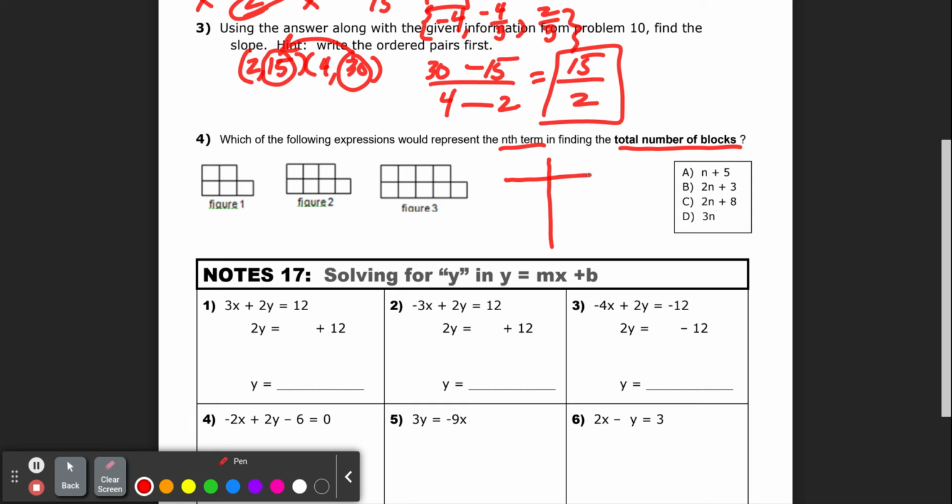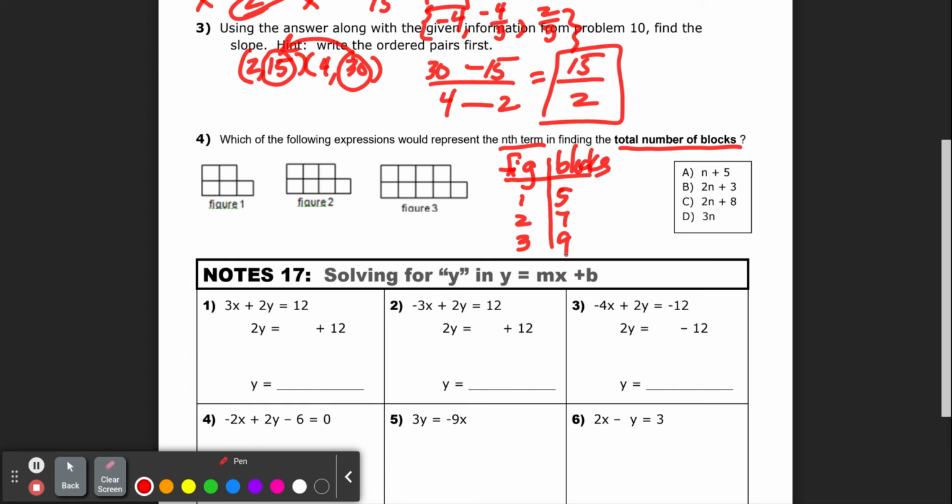Remember, this will be our figure number. So I'm just going to put fig. So this will be a 1, a 2, and a 3. And the total number of blocks. So this is 4, 5. This is blocks. And that one's 6, 7. And that one's 2, 4, 6, 8, 9.